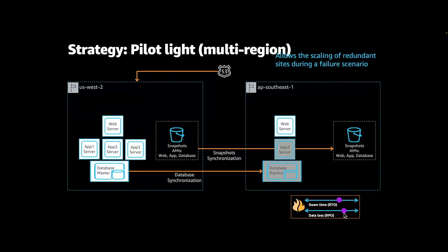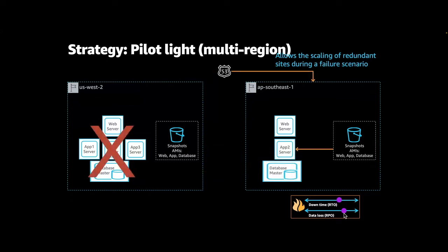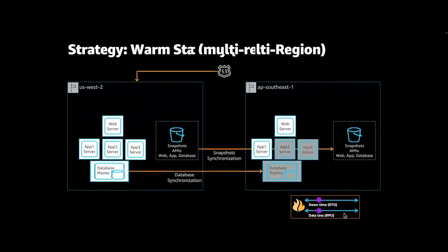But at this point, you can do database synchronization using read replicas, for example, and that could be an approach to improve your RTO or RPO. In case there is a failure, you can redirect traffic by using Route 53. That's one approach.